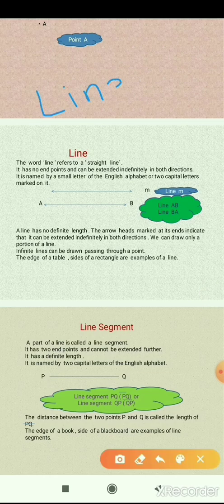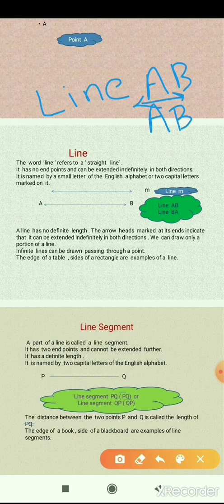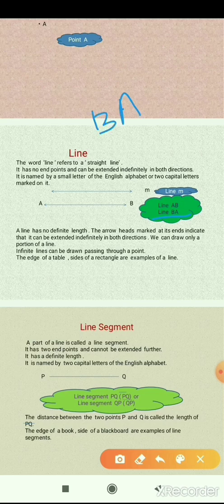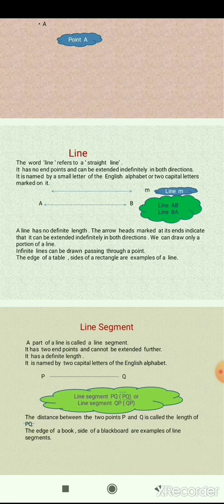Here I have shown line AB, or simply we can write AB by putting the symbol of line. Or we can denote it line BA. This is the symbol of line.